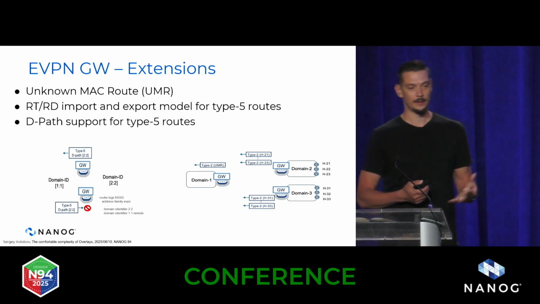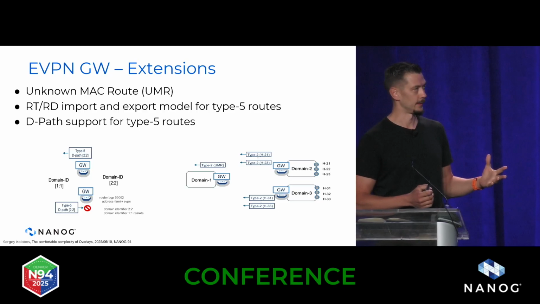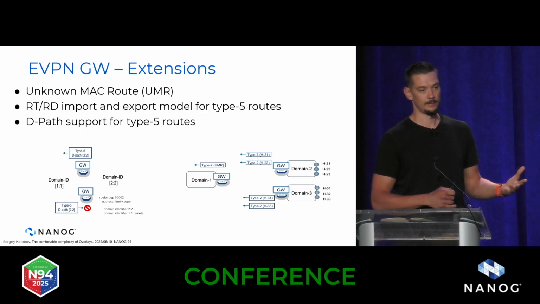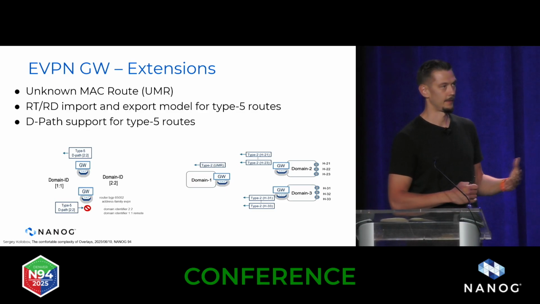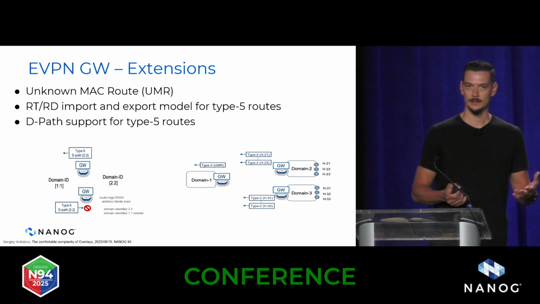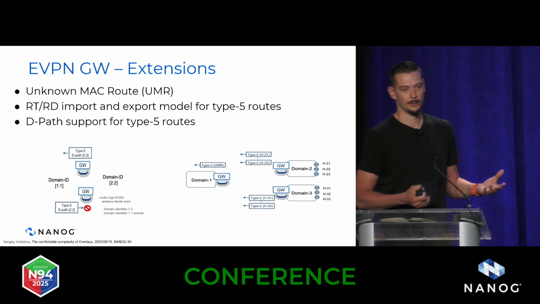Extensions and how they help us to scale solutions and manage our networks. Unknown MAC route, one of the relatively recent additions. Think about the default IP route in routing, in this case a default MAC route. So in some use cases we do not need to support MAC mobility between devices in our network.